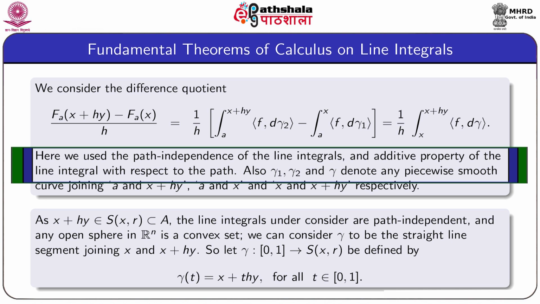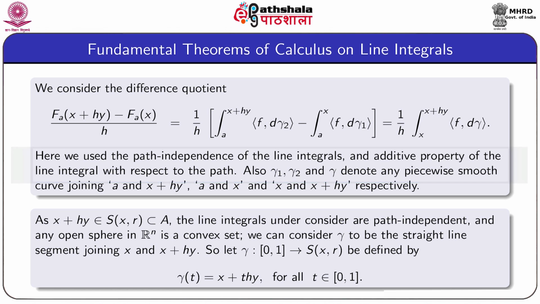Here we used the path independence of the line integrals and the additive property of the line integral with respect to the path. Here, γ1 is any piecewise smooth curve joining a and x + hy, γ2 is any piecewise smooth curve joining a and x, and finally γ is any piecewise smooth curve joining x and x + hy.